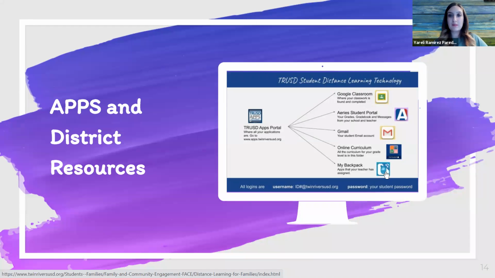And lastly, My Backpack is curriculum that's provided by your child's teacher. And before I move on from this slide, I do want to remind families to make sure that you are keeping your emails and phone numbers up to date on Aries. We will come back to this towards the end of the presentation.